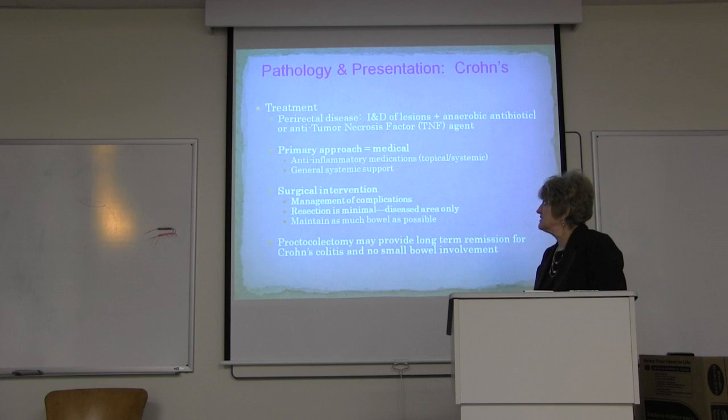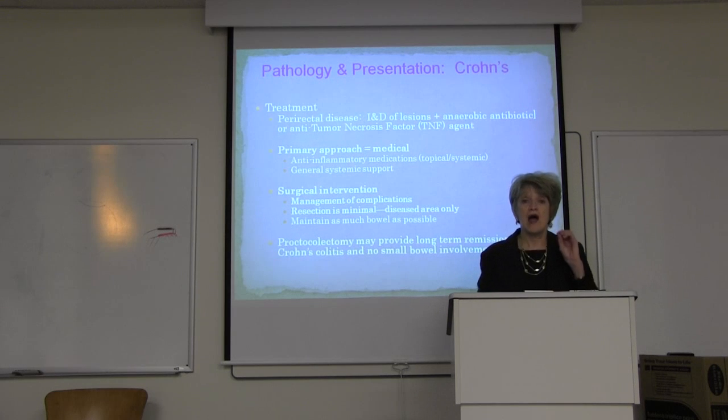How do we treat Crohn's disease? Our mainstay in treatment of Crohn's disease is medical management. We use a variety of anti-inflammatory drugs. We're going to talk about those drugs, but only in very general terms, to try to get the inflammatory process under control.